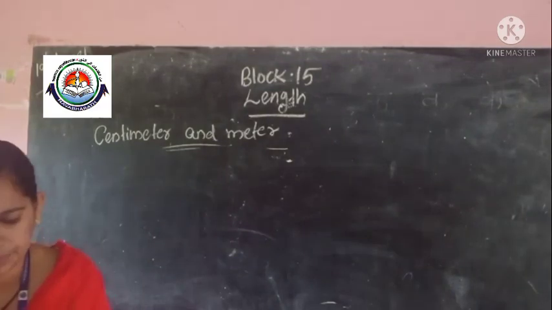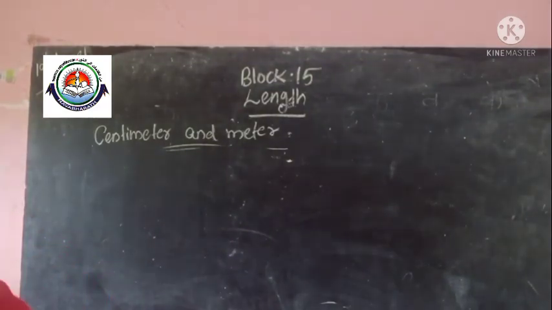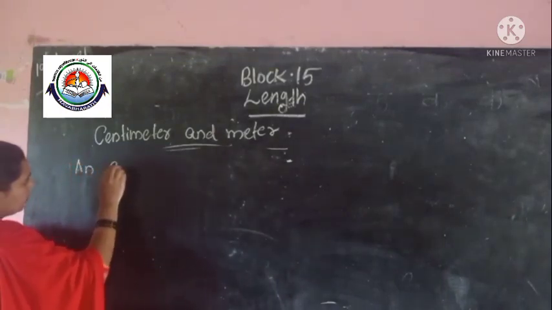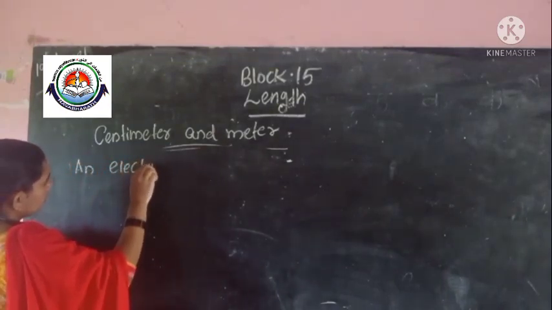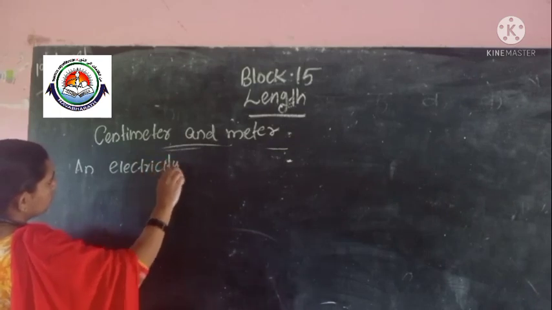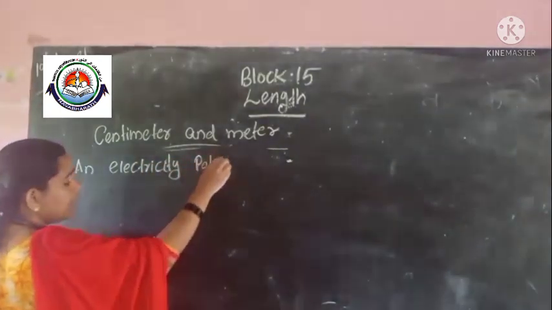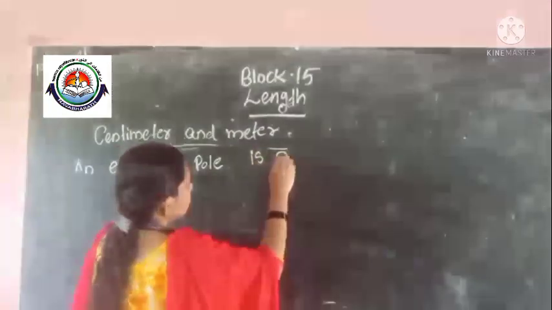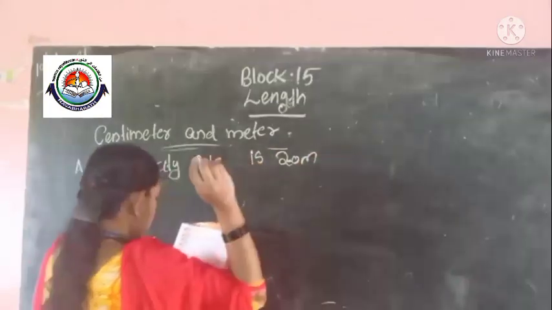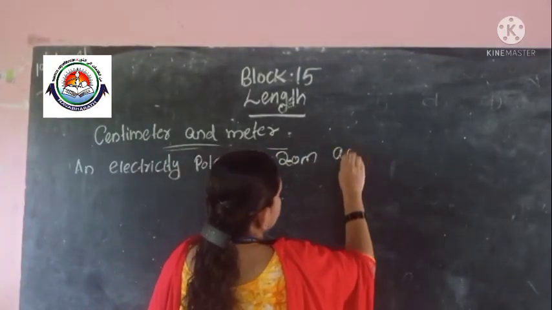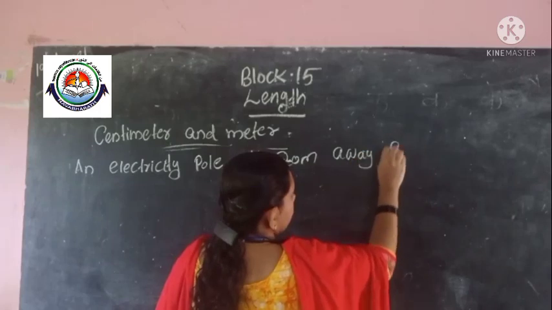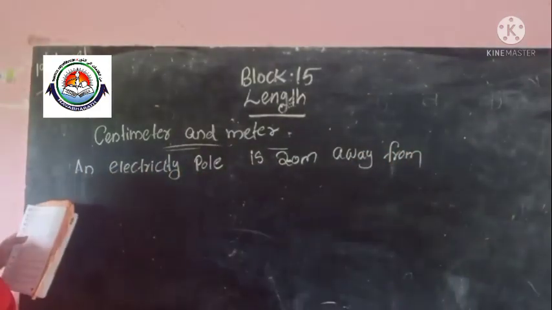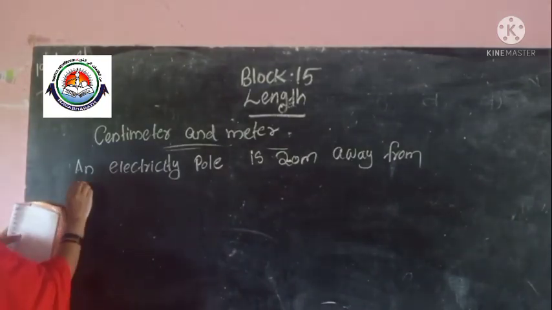Okay, third question. An electricity pole is 20 meter away from Arif house.